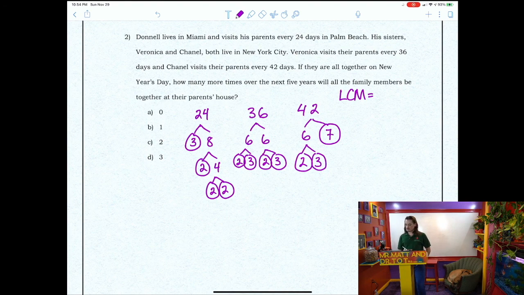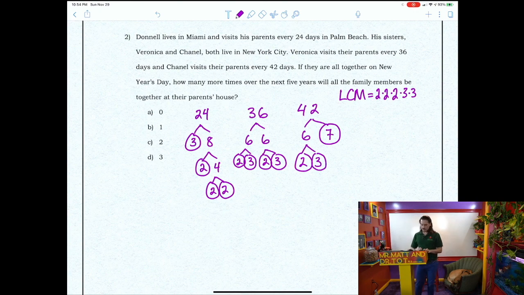The next factor, 3, is used 1 time in 24, 2 times in 36, 1 time in 42. So 2 is the most number of times 3 is used, so I'm going to take 2 3's. And now the only other factor is 7. 7 is used 0 times in 24, 0 times in 36, 1 time in 42, so I'm going to take 1 7.